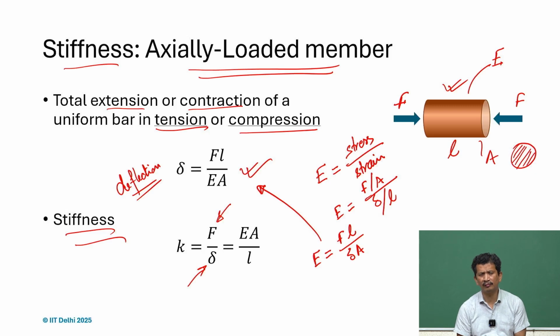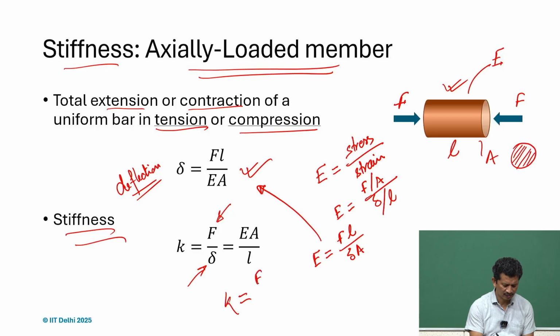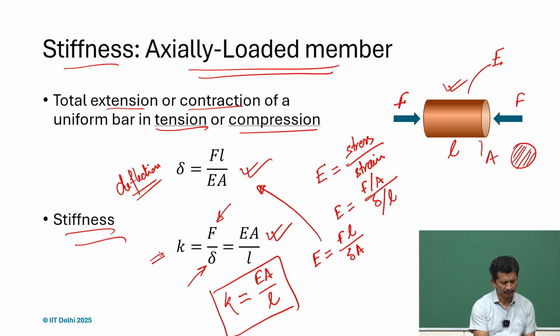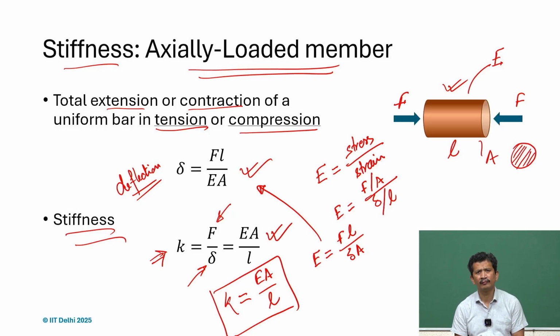Again, within the elastic range, when we rewrite, K, the stiffness, is E A over L. That is something we have to remember. Stiffness K is a function of E, Young's modulus. So, if the material has a higher E value, we get higher stiffness.